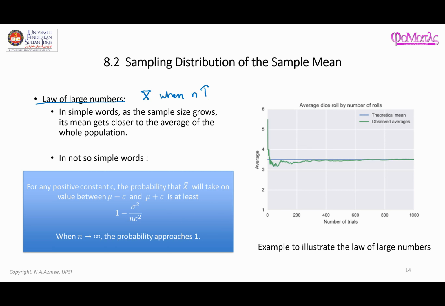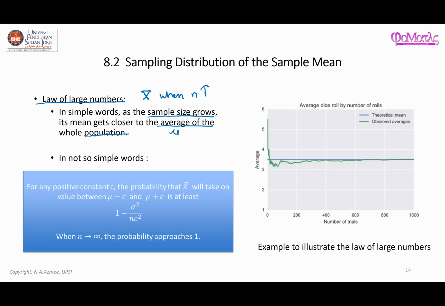When n gets bigger and bigger, you will see that the value of the sample mean will get closer and closer to the population mean. The population mean here is mu, okay? So as the sample size grows, the mean will get closer to the average of the whole population, which is mu.